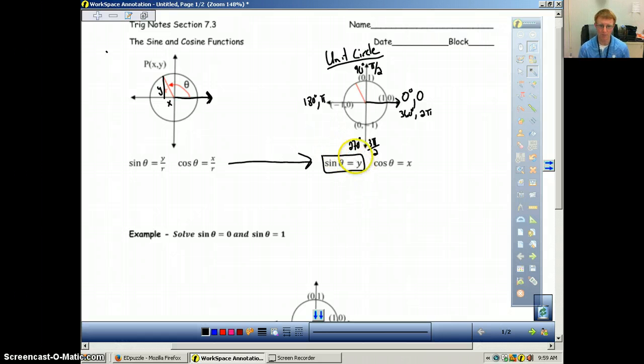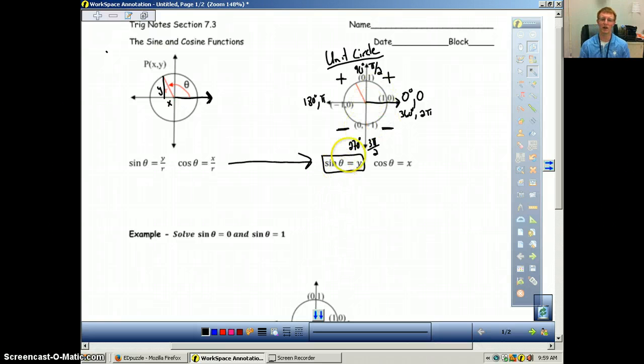But if sine is representative of y values, then in the first quadrant all of our sine values are going to be positive because all y values are positive. In the second quadrant, our y values are still positive, so all sine values in the second quadrant are still positive. Then when we get to the bottom two quadrants, because our y values are negative in both of them, all of our sine values in those quadrants will always be negative.